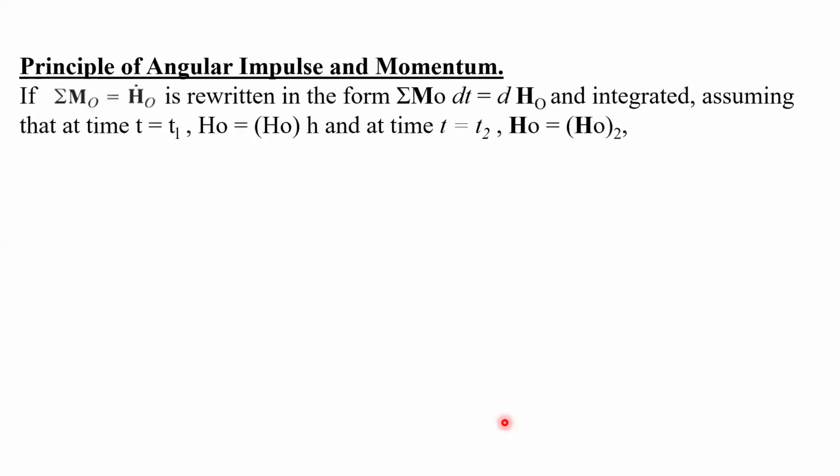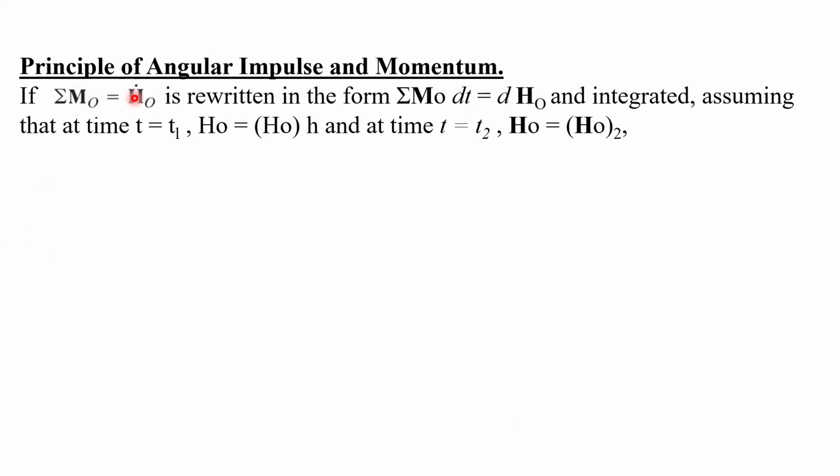Principle of angular impulse and angular momentum. If summation MO, that is the moment about O, is H dot naught, written in the form of this because H dot is the time rate of change, d dt.